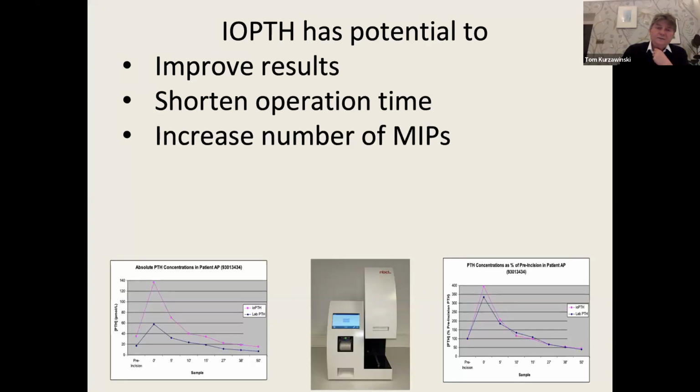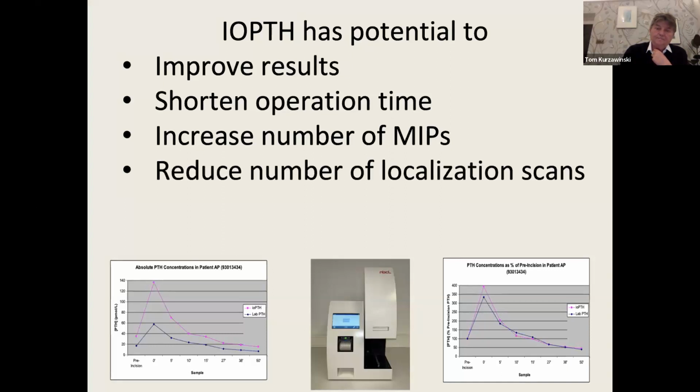It will definitely increase your ability to say, oh, this ultrasound by a good radiologist identified a 2 centimeter adenoma. You really don't need any other tests, but you can go ahead with a minimally invasive parathyroidectomy, because in the unlikely situation that the radiologist was wrong, then the IOPTH will tell you that during the operation and you will just explore the neck.